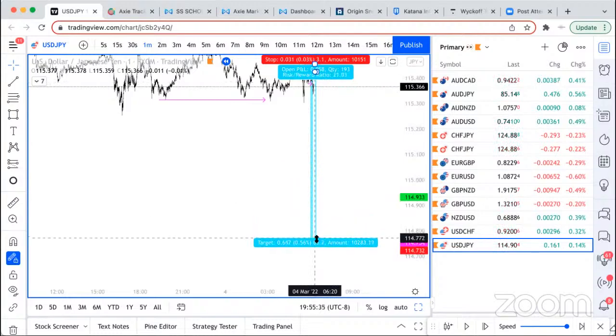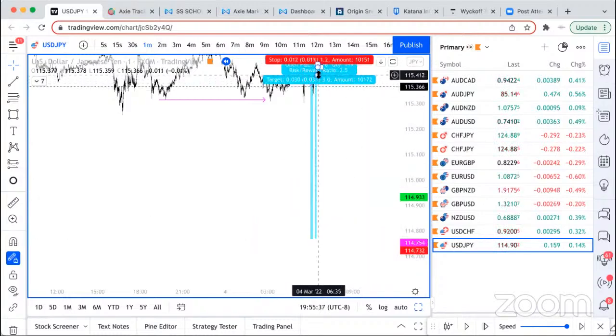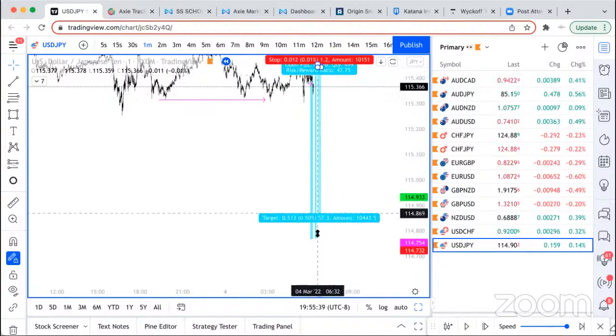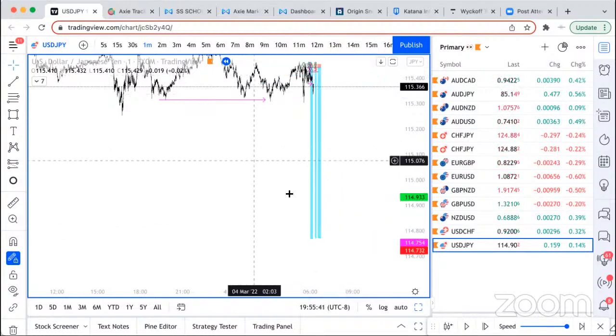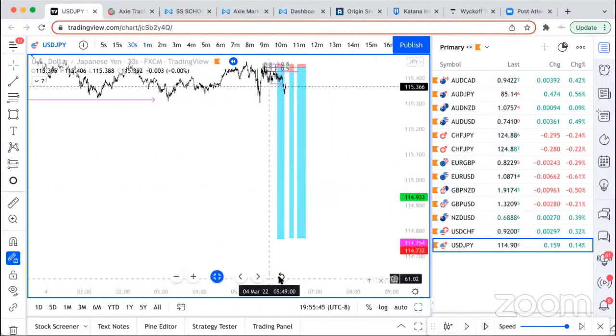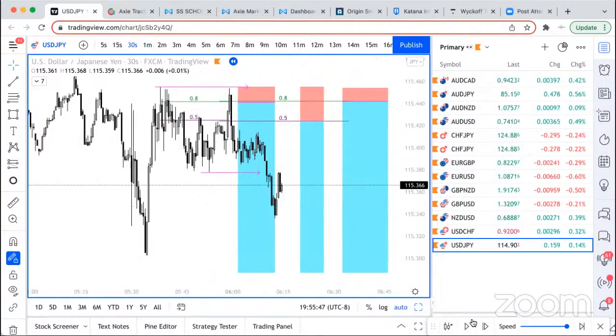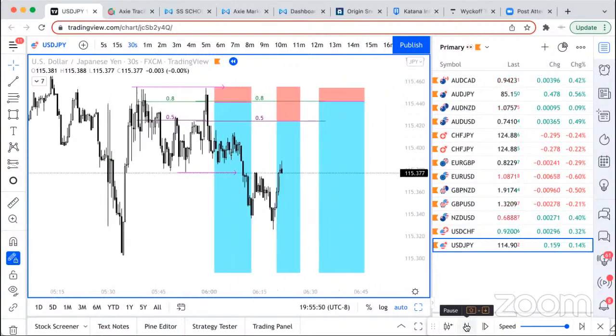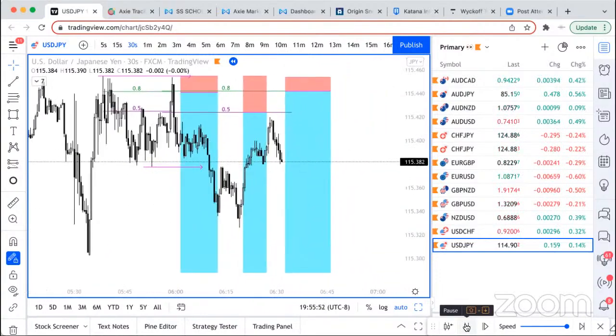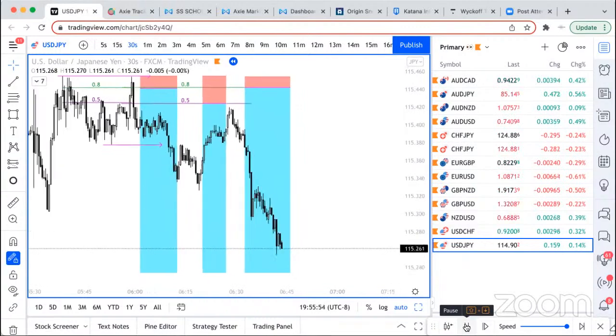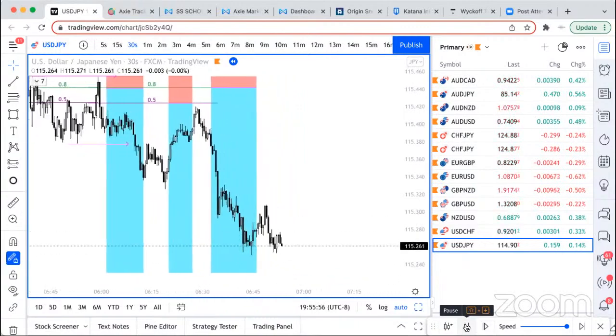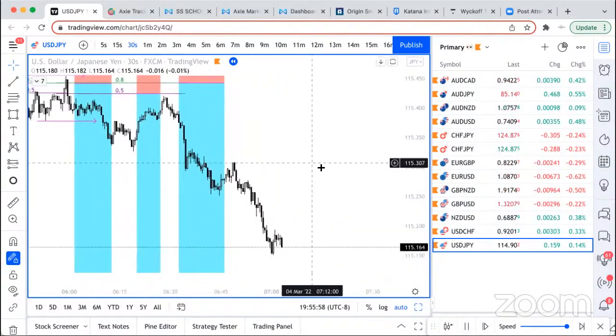So possible 1 to 20 and a possible 1 to 50 coming down here. And if we allow price to play, price comes up and just misses our 50%, unfortunately, and she takes off from here.